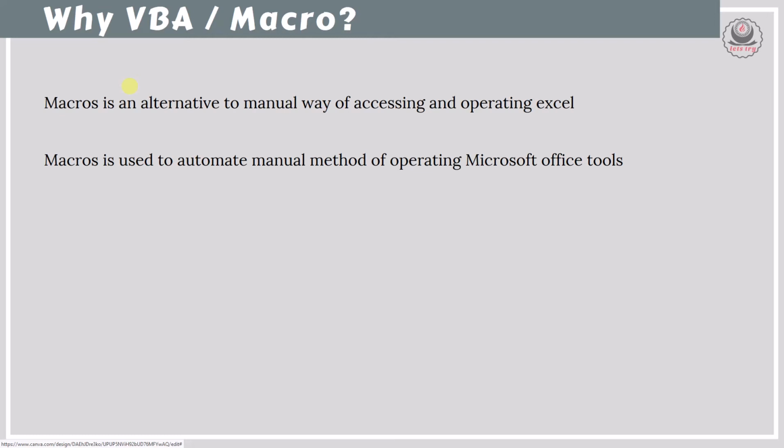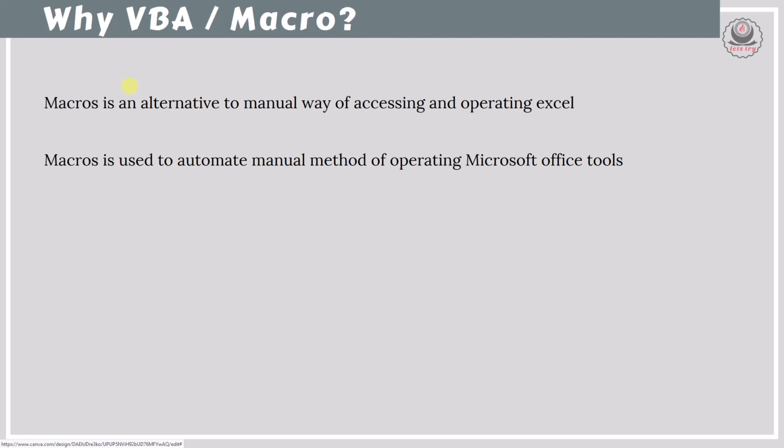You may come across a question: why do we have to do it the automated way? It is very simple to do manually using the mouse or touchpad. What I gave is just a simple example. If I go for bigger applications and bigger use cases, if we are dealing with hundreds of Excel files and a lot of calculations and logic need to be applied, this is where a programming language really matters.